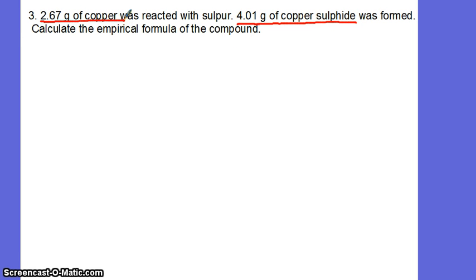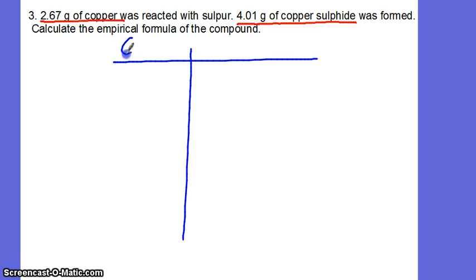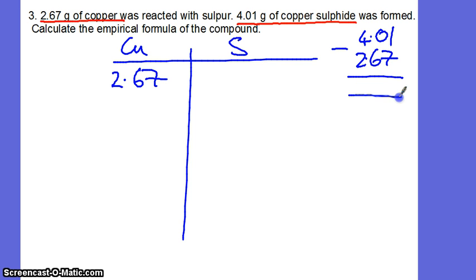So 2.67 grams of copper, and the rest of the compound must be sulfur. They've told you here that the total mass of the compound was 4.01. So the mass of sulfur that has reacted with the copper is 1.34.